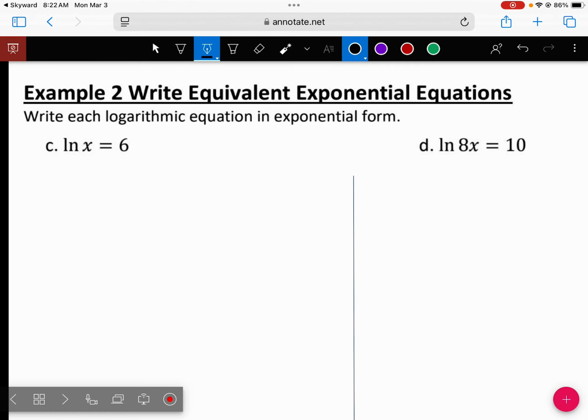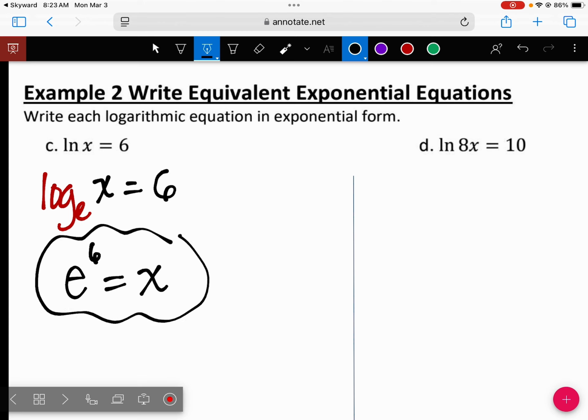All right, next row. Again, natural log is a log with a little base e of x equals 6. So when you rewrite this, it would be e, what's the exponent? Not x, what would be my exponent? 6 equals x.